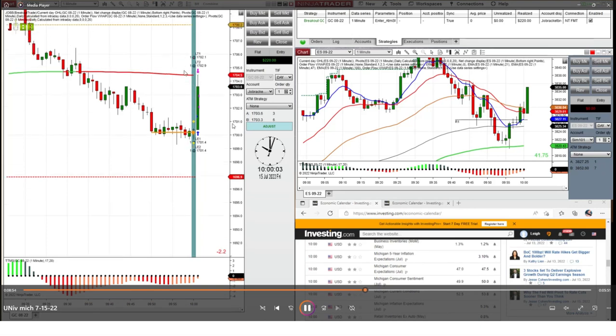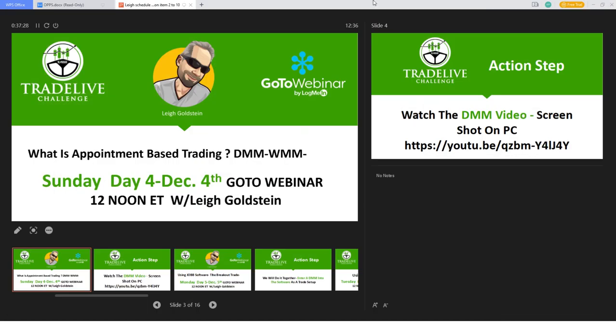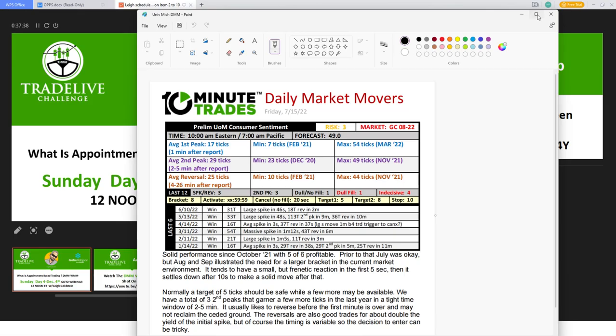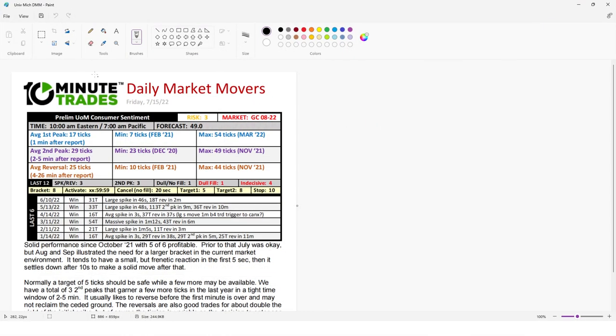And the daily market mover for the University of Michigan looks like this. It's going to have a date on it, okay? It's going to have the name of the event over here, a risk level, the market we're trading.